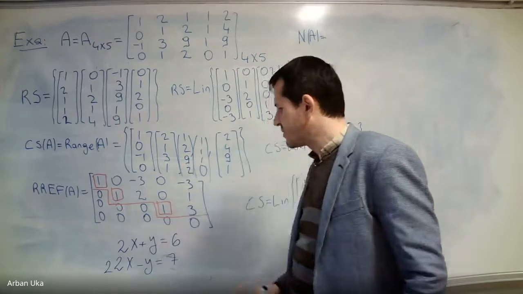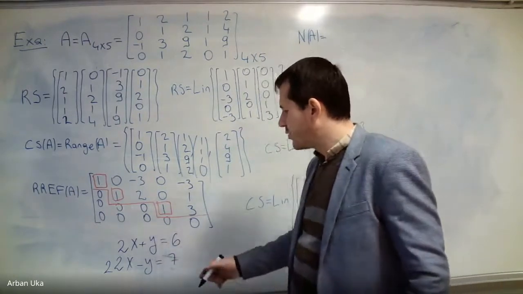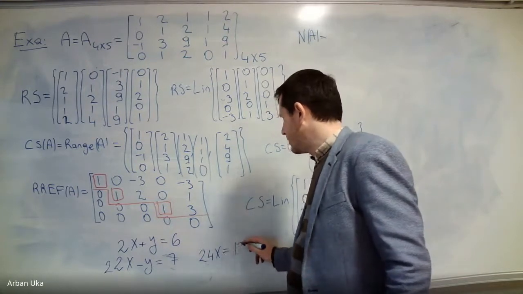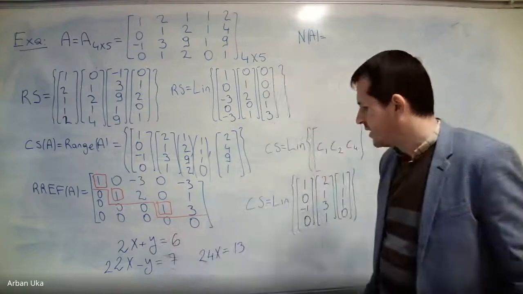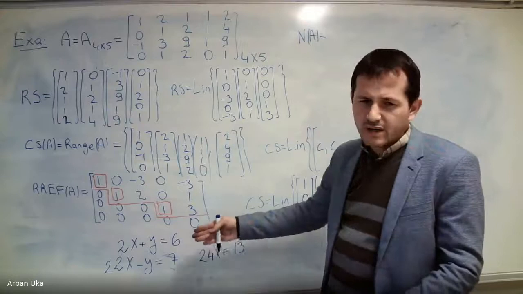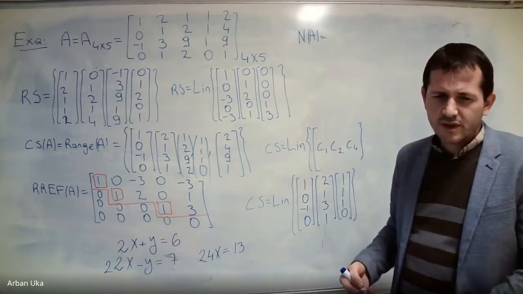I'm just putting up some numbers. Now we can combine these two rows, just by adding them, and we get 24x equal to 13, because y cancels. So this remains true because we were combining the rows, but it will not be the same for the columns.